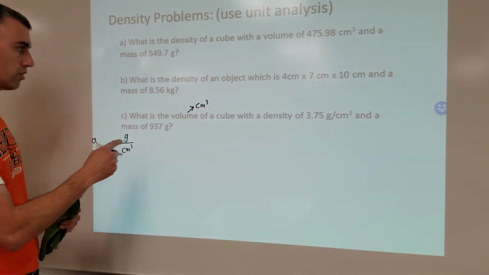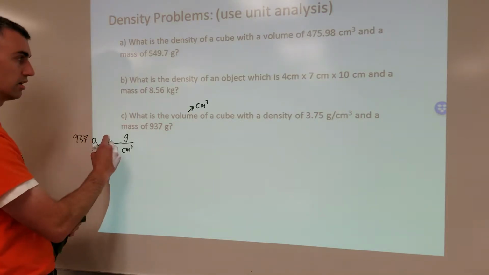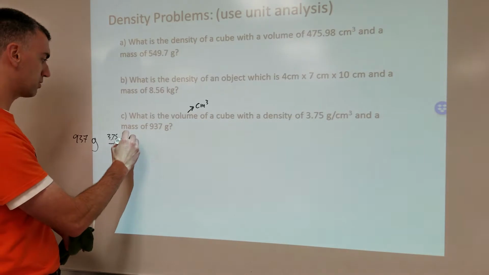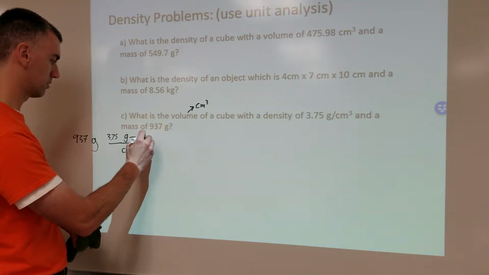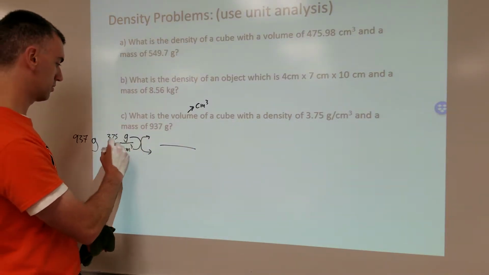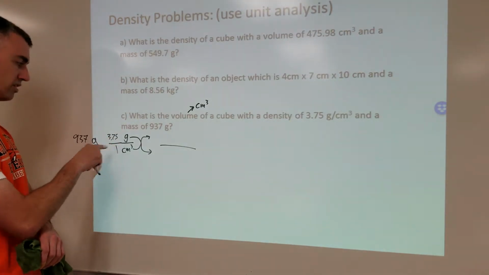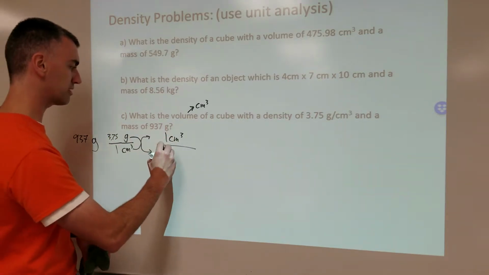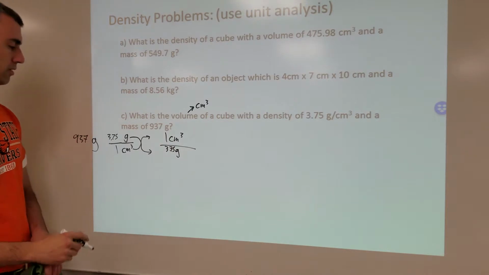So what this is saying is that we have a mass of 937 grams and 3.75 grams per cubic centimeter. I'm going to flip the numbers upside down. So instead of saying 3.75 grams per cubic centimeter, and I'll put a little 1 right there because it's 3.75 grams per 1 cubic centimeter, I'm going to put the 1 cubic centimeter on top and the 3.75 grams on the bottom.